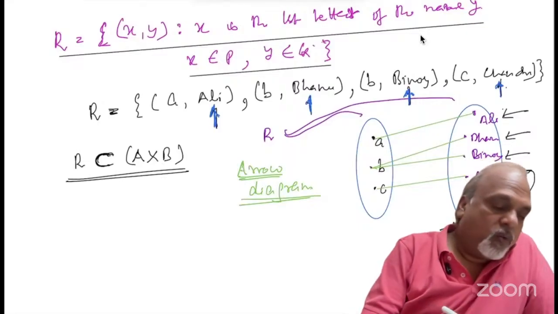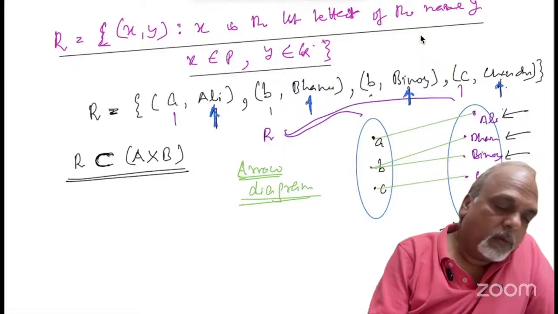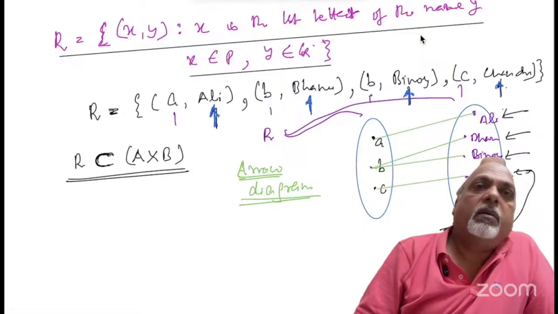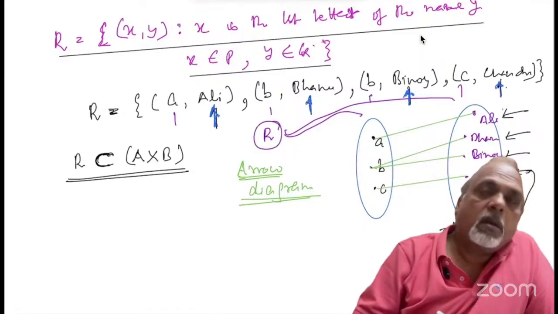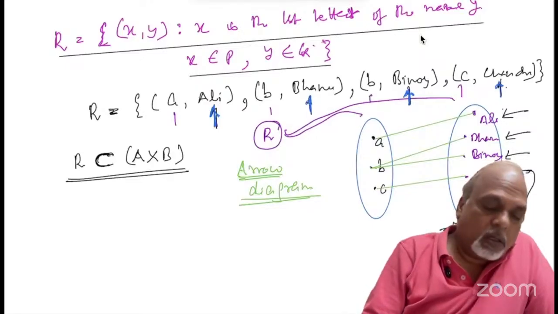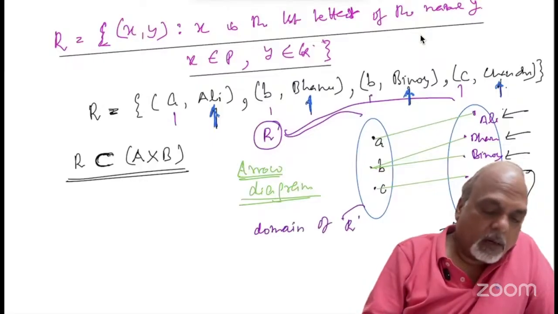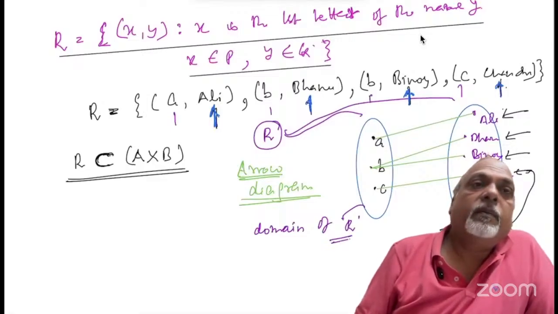Now, what are these? First element. The set of all the first elements in the ordered pairs of R is called the domain of the relation R. Correct.